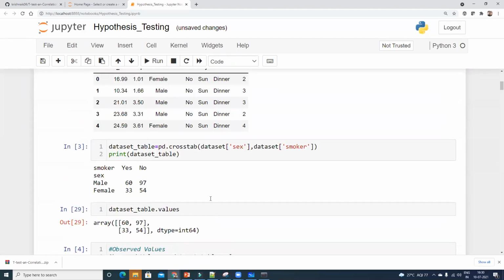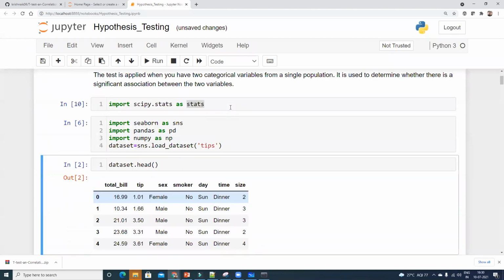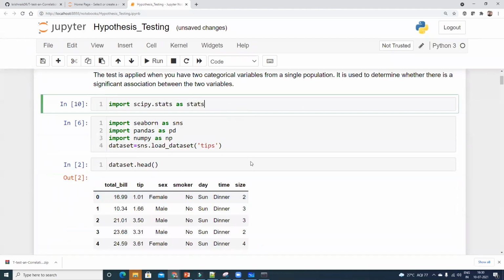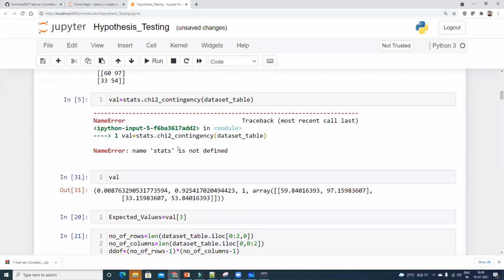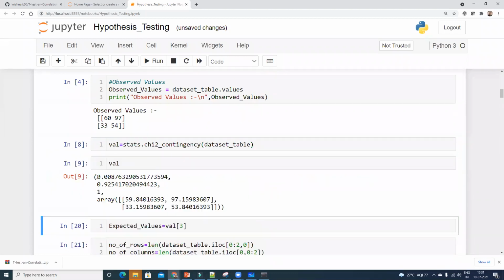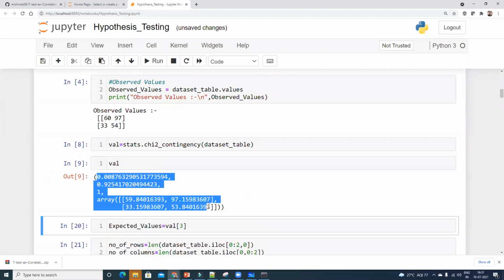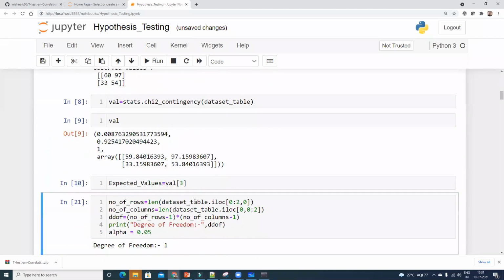Did I not execute this one? See guys, once I apply this, val will give us many results like this. It will give this many values. What is val of 3?